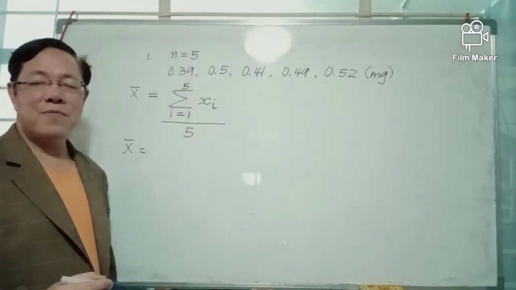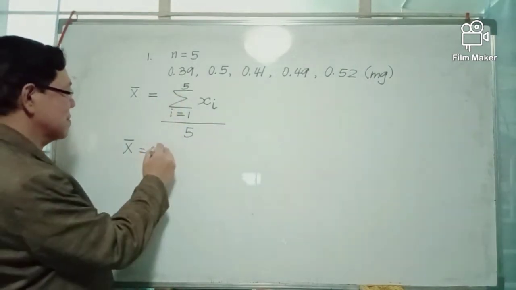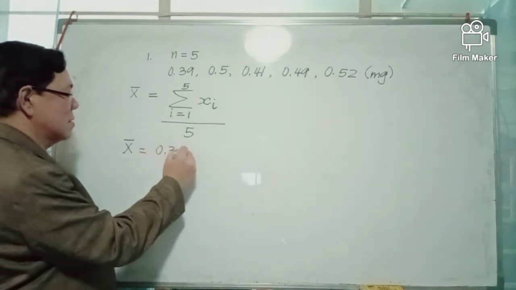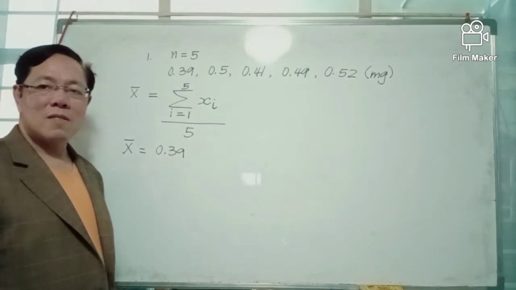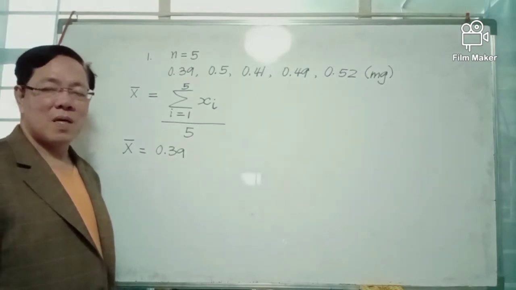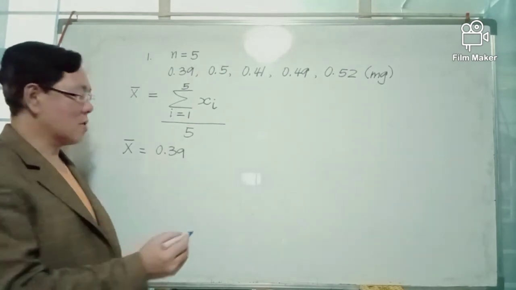We add the 5 given values. We have 0.39. Summation indicates the sum of a set of values, and the sum is obtained by the operation addition.